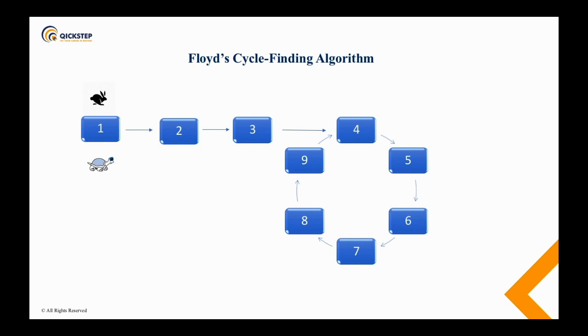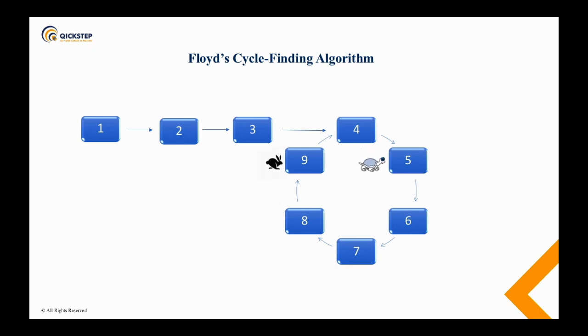So when I start from here, at the first point you can see my hare pointer moves to node 3 and the tortoise pointer to node 2. So you can see the hare is taking 2 jumps. In the next point you see it has gone to 5 and the tortoise has gone to 3. Simultaneously 4, 7, then 5 and 9.